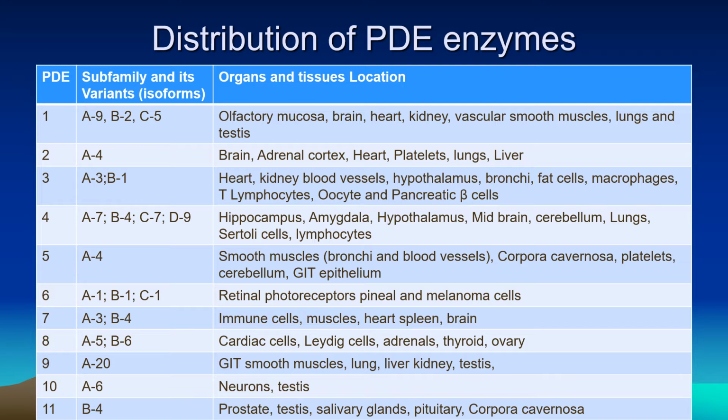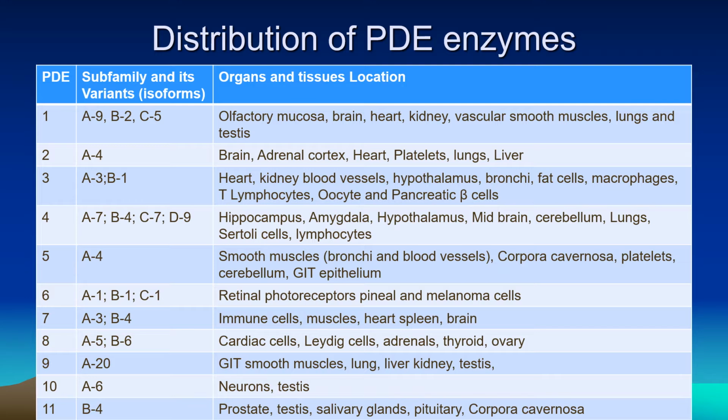Type 8 has two subfamilies A and B. A has 5 and B has 6 variants. It is located on the cardiac cells, Leydig cells, adrenals, thyroid, and ovaries. So it's endocrine located and also on the cardiac cells. Type 9 has one subfamily and has 20 variants. It is located on GIT smooth muscles, lung, kidney, testes, and liver.